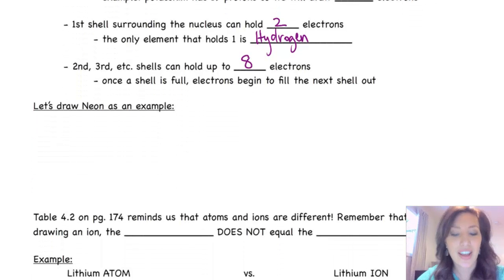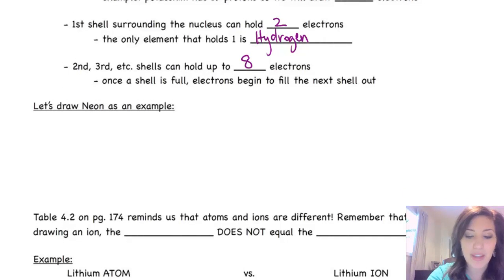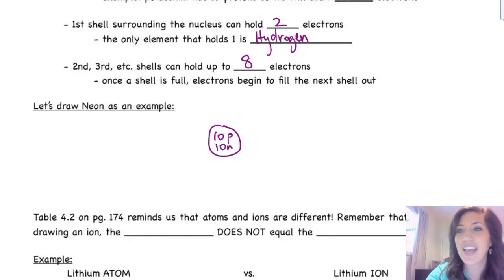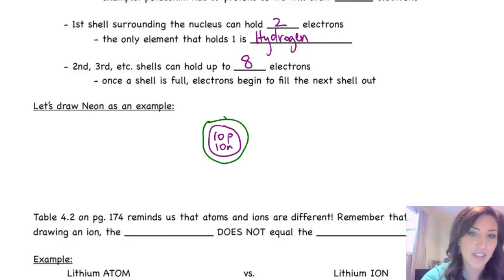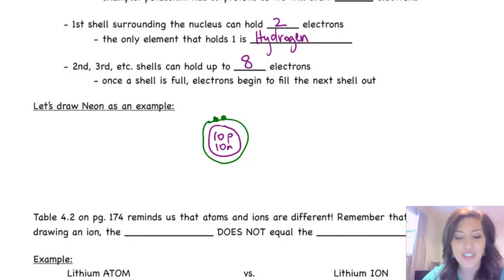So let's draw neon as an example. If we have 10 protons and 10 neutrons in neon, there is our nucleus. Let's draw our electron shells in green just to make sure we are knowing the difference. We have 1, 2 electrons in our first shell, but we know that we need to draw 10 electrons because that's how many protons we have.